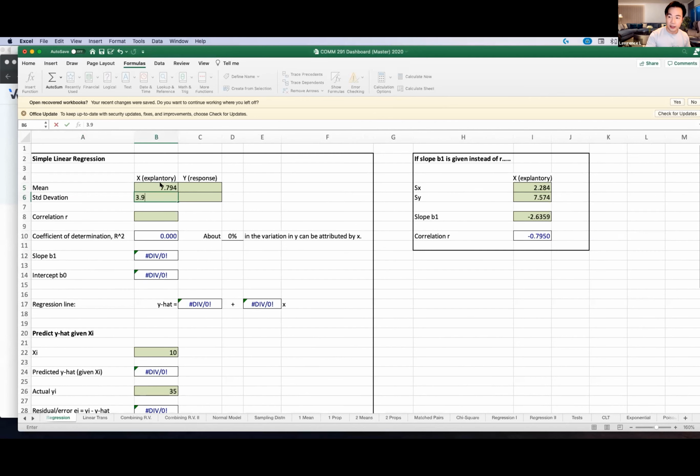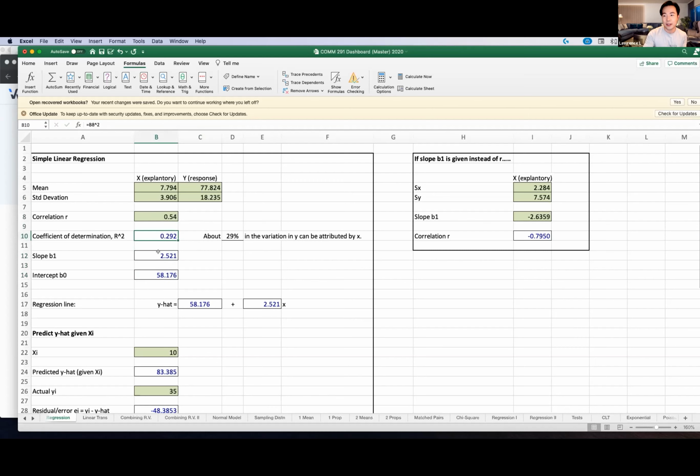SX is this. Y bar is this. I'm much more confident on Excel. And the correlation, if it's negative, make sure you put it negative, but in this case it's positive. So there you go. We got the answer right away.